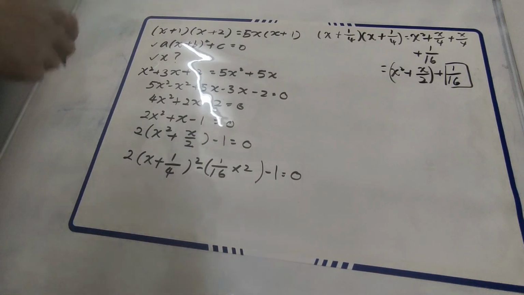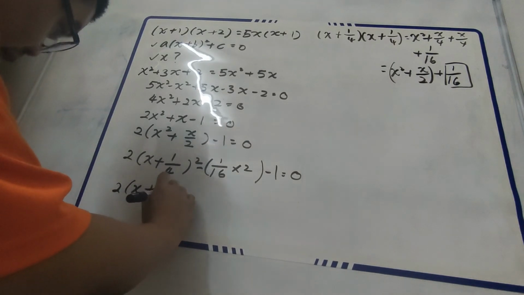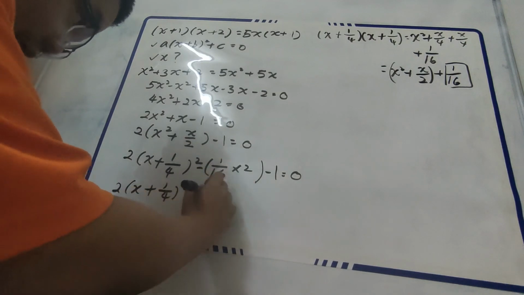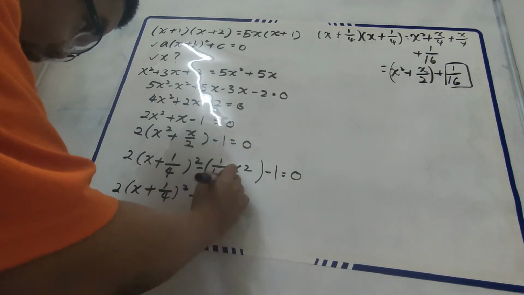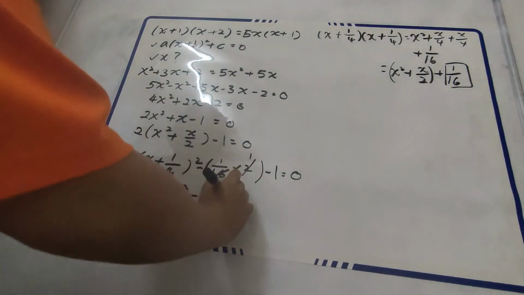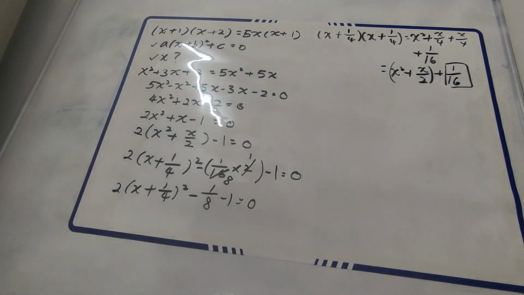And simplify it, you have 2 (x plus 1 over 4) squared minus 1 over 8. Because you simplify, then here, and then minus 1. And don't forget, continue to simplify.